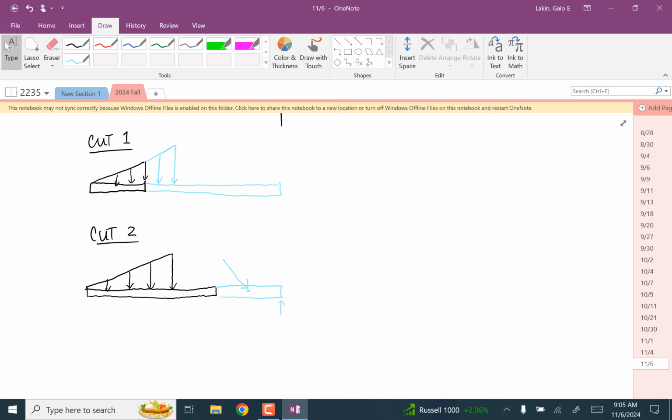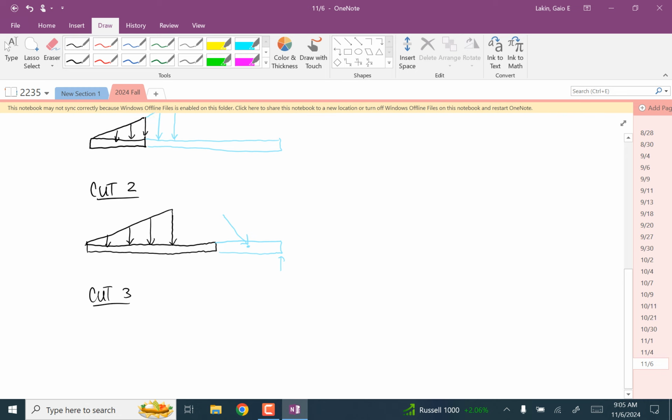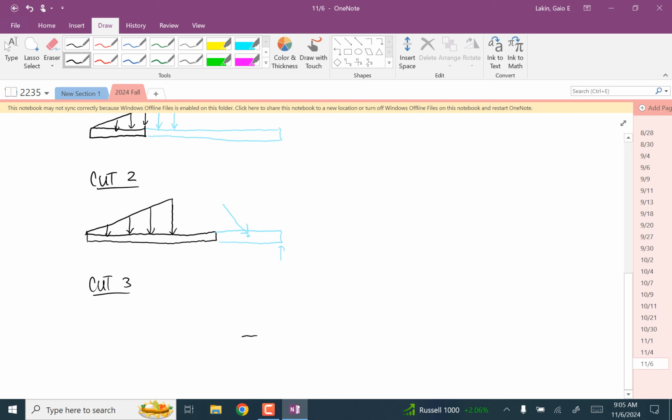And then your third cut is going to go past that point force, but not all the way to the end. And so these are the free bodies you're going to be working with.